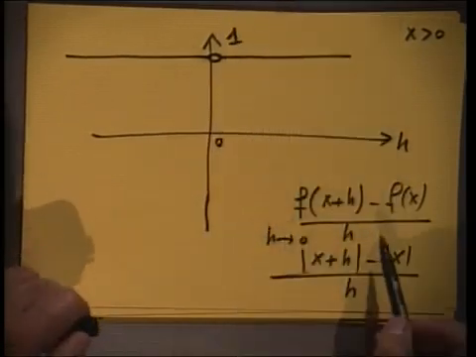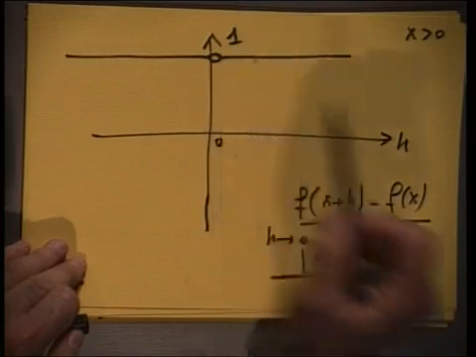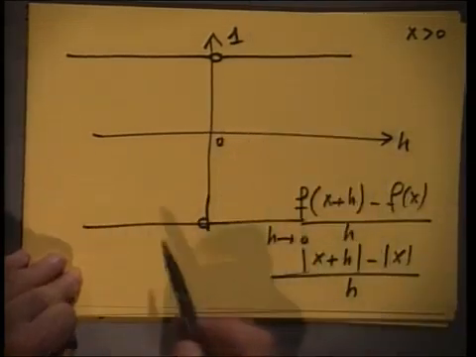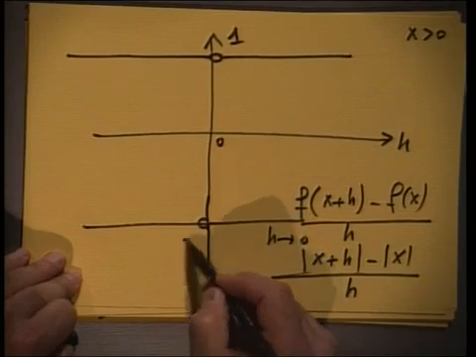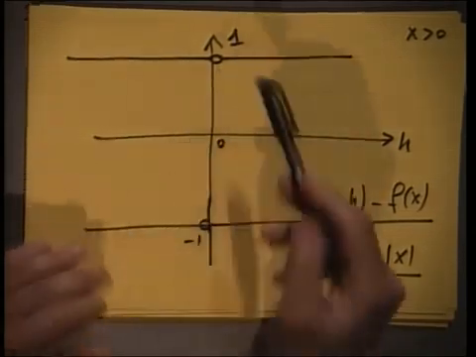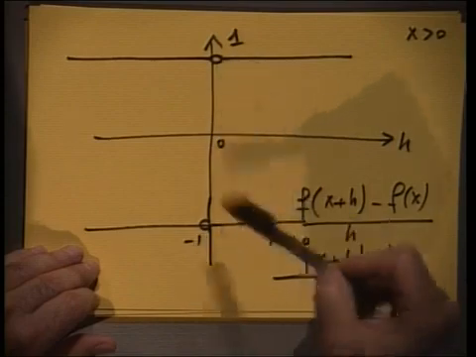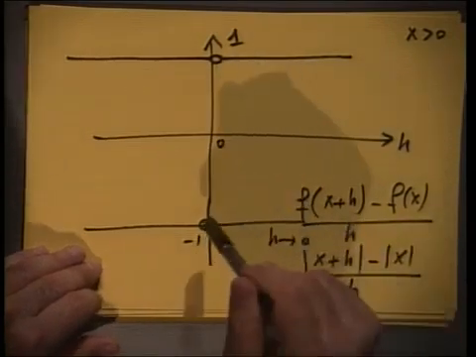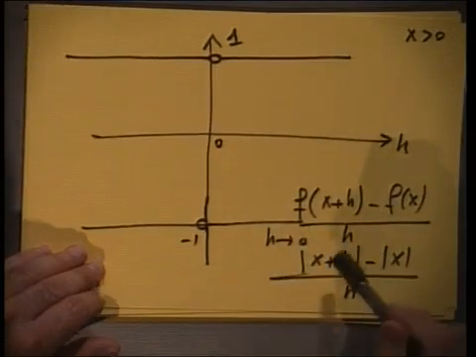So it tells you when x is positive, the derivative at any point x is equal to 1, and when x is negative, the derivative at any point is also equal to minus 1, because as you see here, this function has a limit at 0, and this function also. And also it has a limit when x is negative at h equals 0.